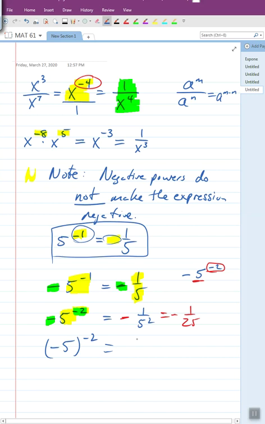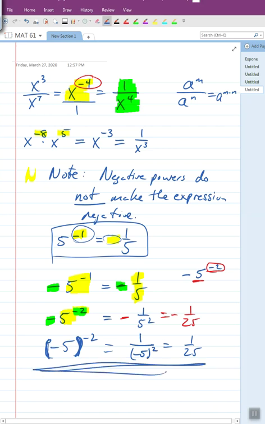So would it just be positive 1 over 25 then? Yes, because what is it I'm flipping to the bottom now? It's not just the 5, it's the entire negative 5. And like David just said, it's definitely because of these parentheses.